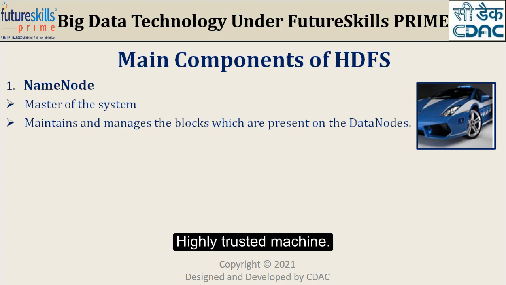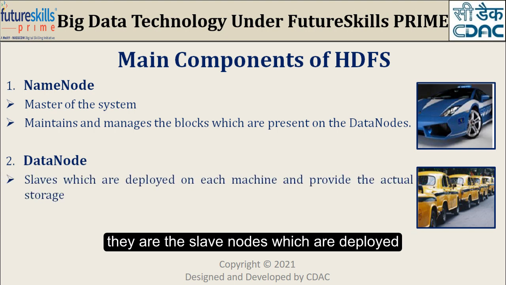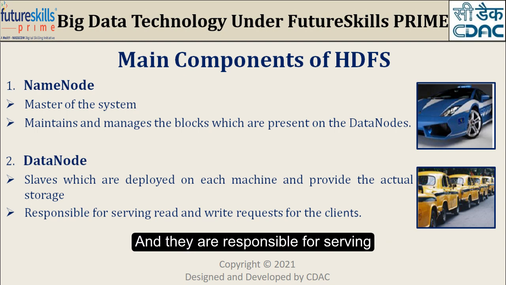A highly trusted machine. And a taxi is represented for data nodes because they are the slave nodes which are deployed on each machine and provide the actual storage. And they are responsible for serving read and write requests for the clients.